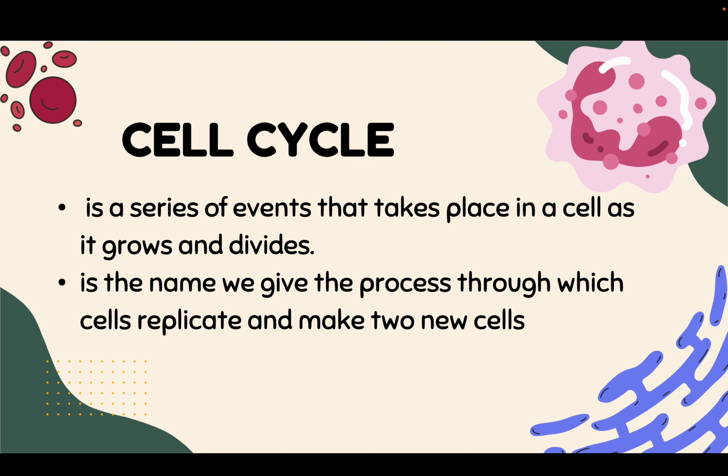In animals, it's important as the cell cycle allows growth. It allows further development of animals. And simply, we can define the cell cycle as the process through which cells replicate and produce progeny or daughter cells.